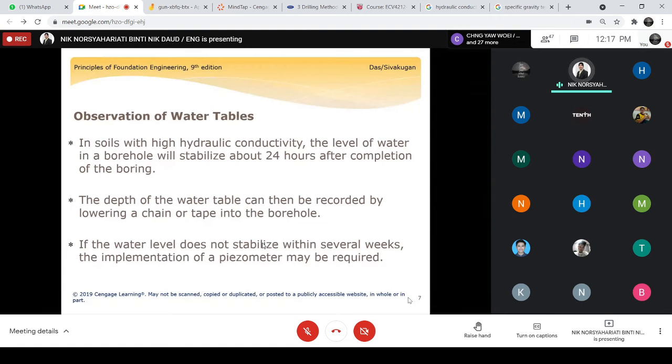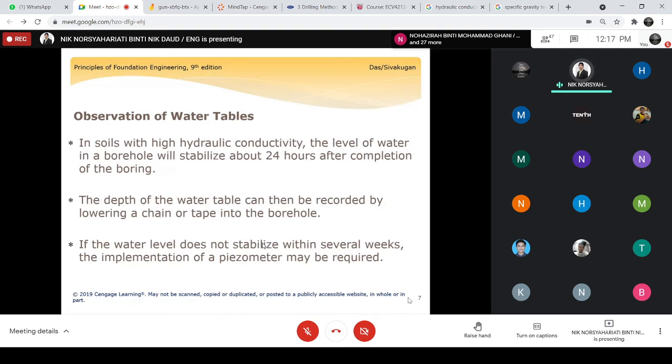But of course you can find out on YouTube how to conduct the test. Once you got the samples from your site, you bring them to the lab, then you conduct either the constant head or falling head permeameter test in order to find out the hydraulic conductivity. But that one is in the lab, where you want to find out the behavior or the mechanical properties of the samples.